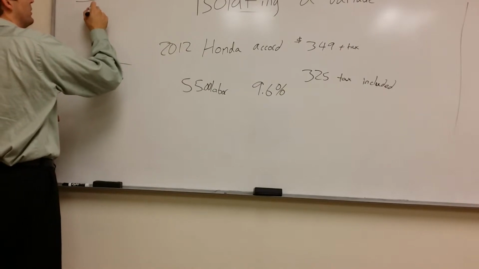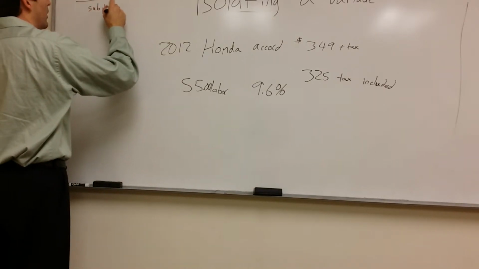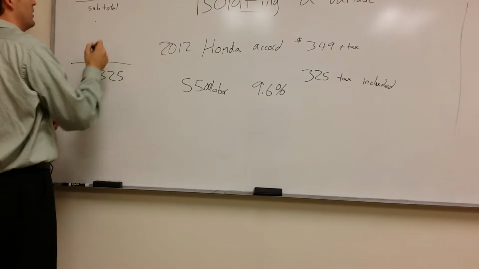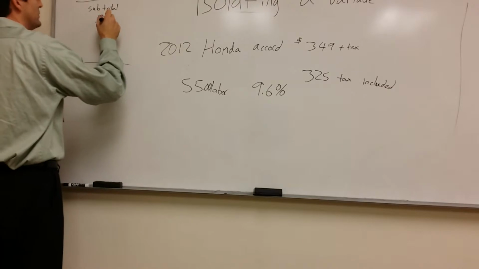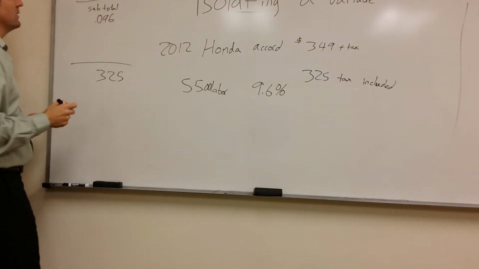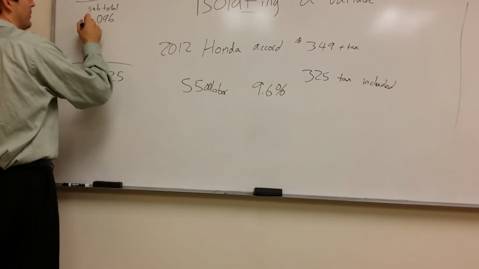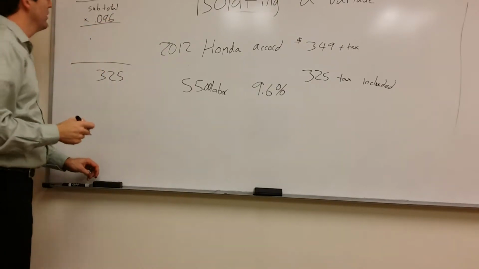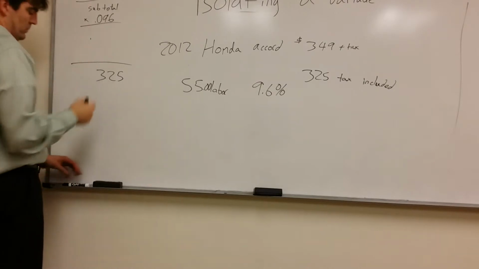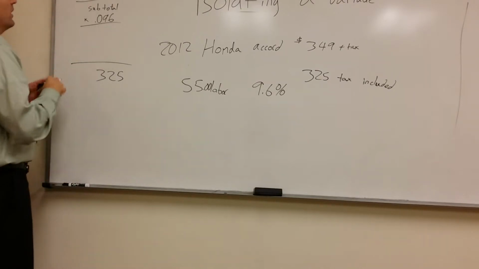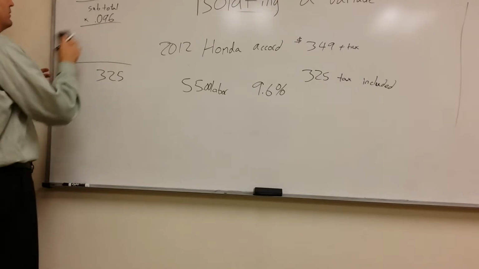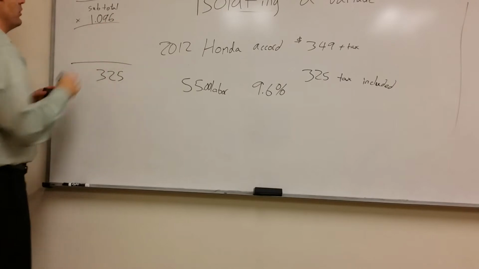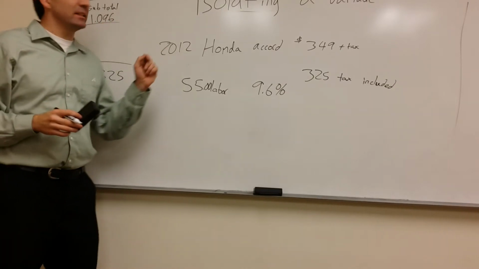You get a subtotal. And then you have to add sales tax to that. So you've got to multiply it by 0.096. Like that. And then, well, actually, I don't have a way to make this. This is going to get too crazy. You've got to multiply it by 1.096.